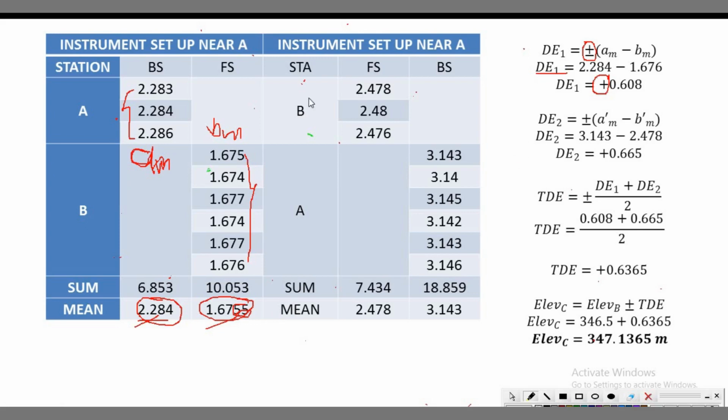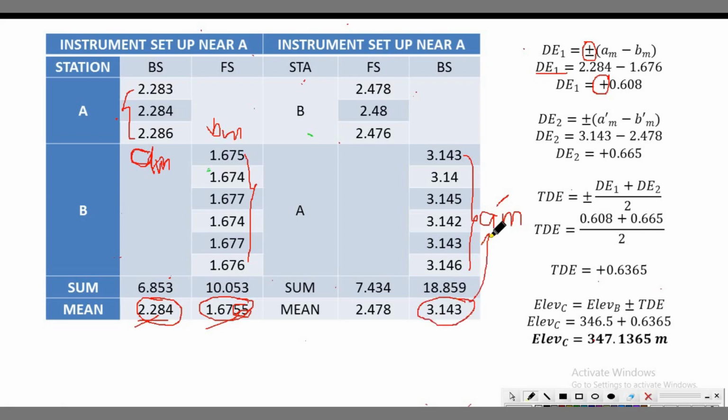Okay? So, after na nakuha si DE1, we can now determine the value of our DE2. So, DE2, that is equal to A prime M minus B prime M. And in your notes, A prime M, that is the mean of the 6 consecutive rod readings on BM1. So, ito ang aking A prime M. Itong mean value na to.